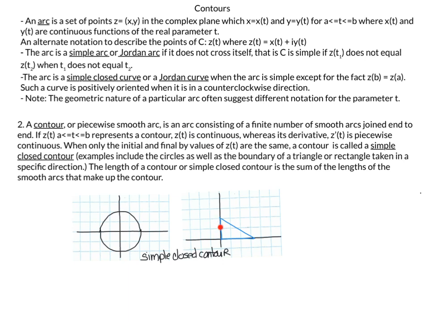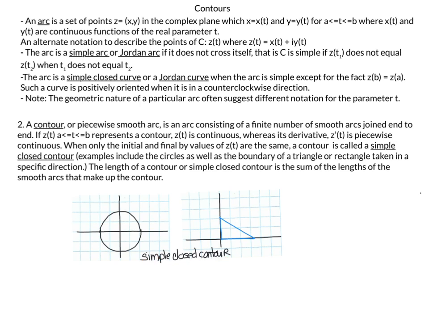And z of t is continuous, however the derivative is piecewise continuous. So it's continuous for each arc, but at the joining points, because of the sharp points, it's not continuous. So that's what the contour is about, where you join different arcs together. And then we've already used this part, the simple closed contour.